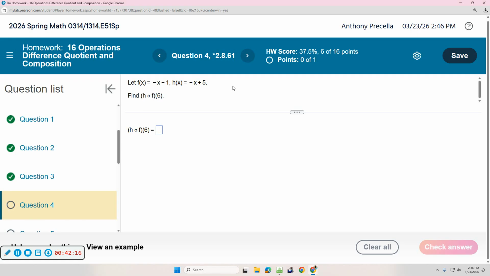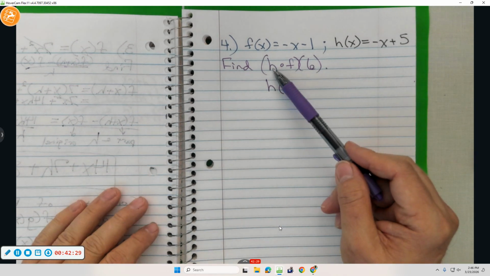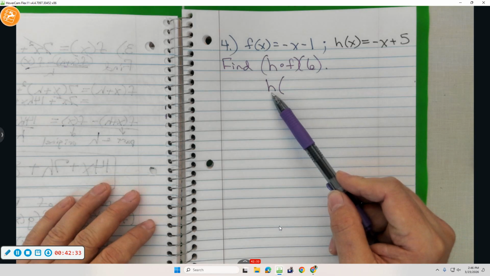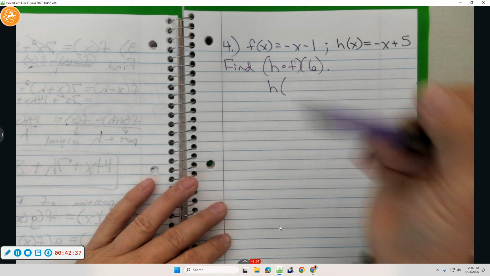The h is written first, so that's going to be our outside function. On the inside, we have f of 6.